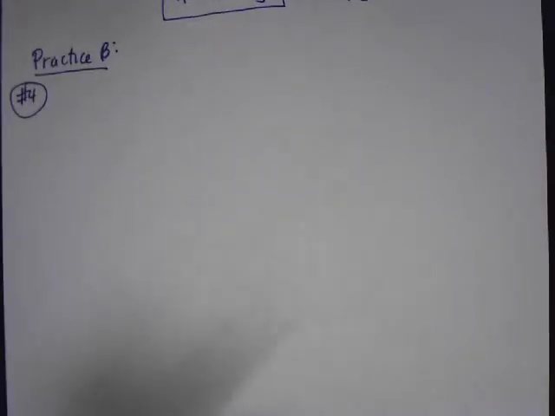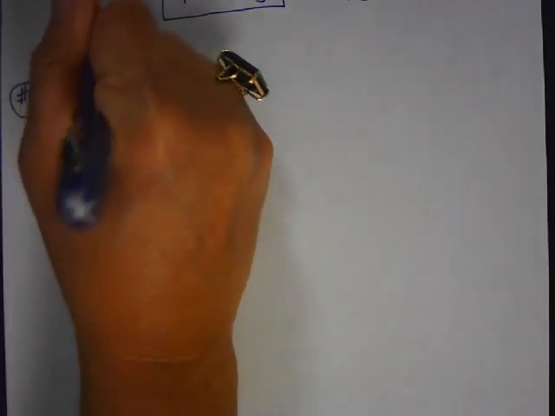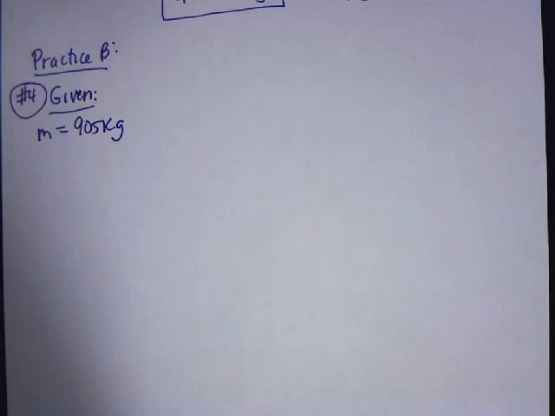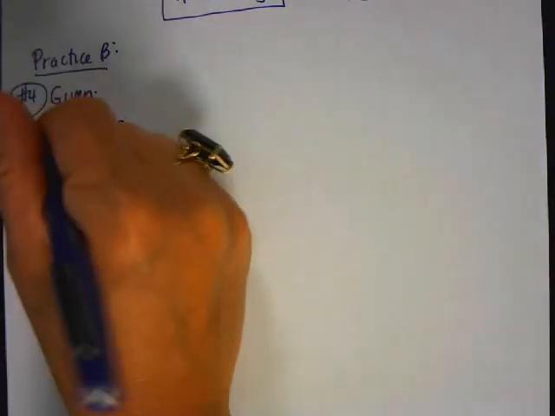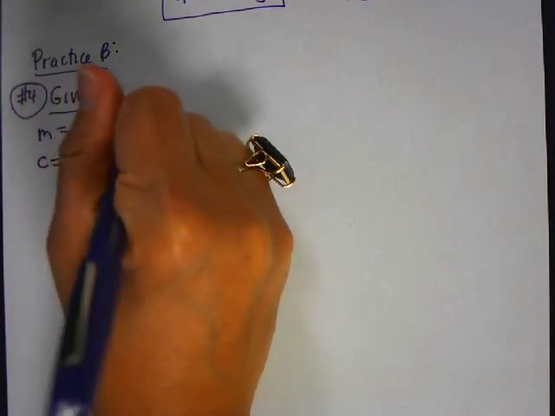So number 4 says a 905 kilogram car, so we're given that the mass of the car is equal to 905 kilograms. It travels around a circular track with a circumference. So now I'm given the circumference of the circle is 3.25 kilometers.